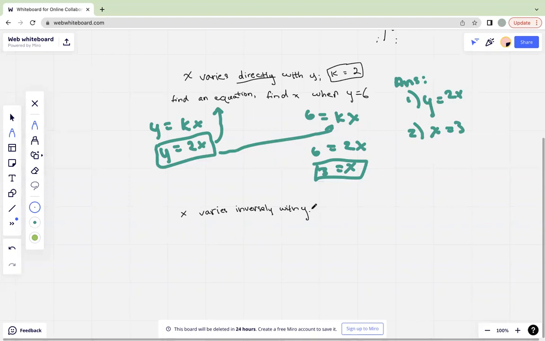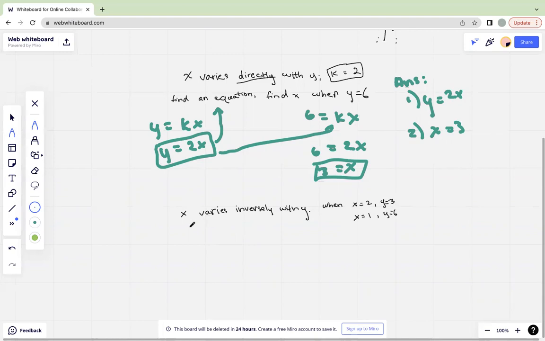And say when x is equal to 2, then y is equal to 3. And when x is equal to 1, y is equal to 6.